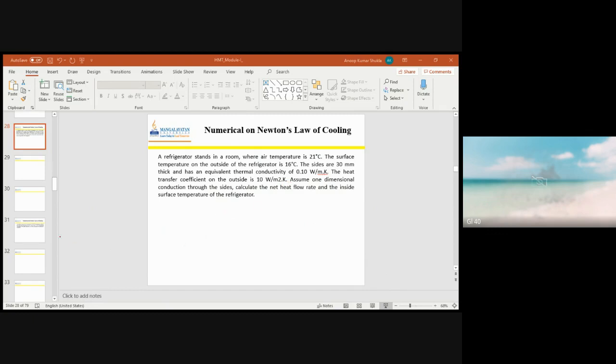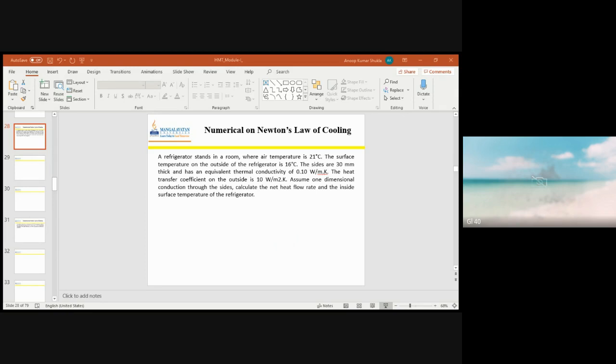So we need to find out the heat transfer coefficient. First of all, we assume the steady state condition and then apply the energy balance on this plate.